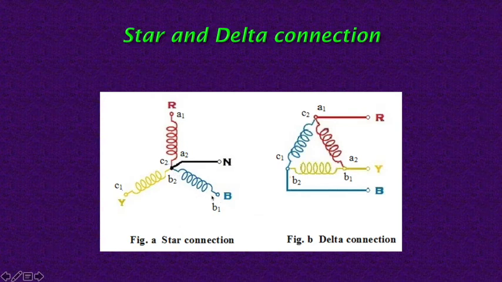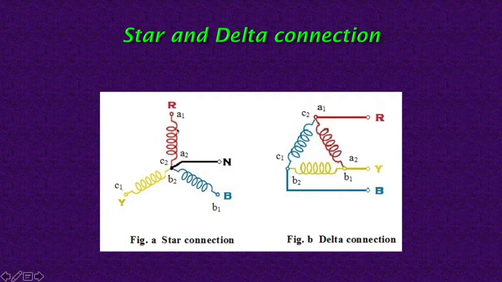Similarly for B1, B2, and C1, C2. So, we reduce these connecting wires by using the star connection and delta connection methods.